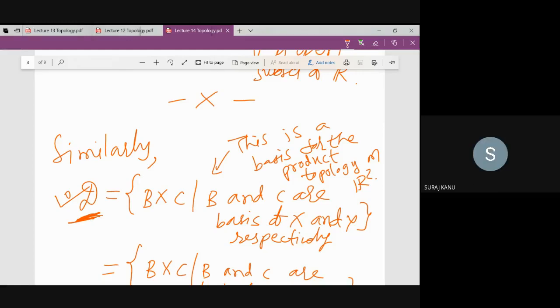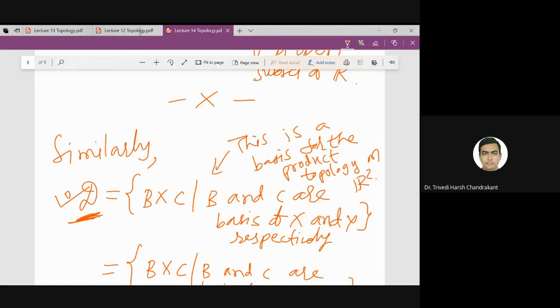Does it have rectangles or circles? Rectangles and circles? No, those are two different topologies. One is the topology generated by rectangular regions. We discussed two bases on R2: one is the collection of all rectangular regions, and the other is the collection of circular regions.